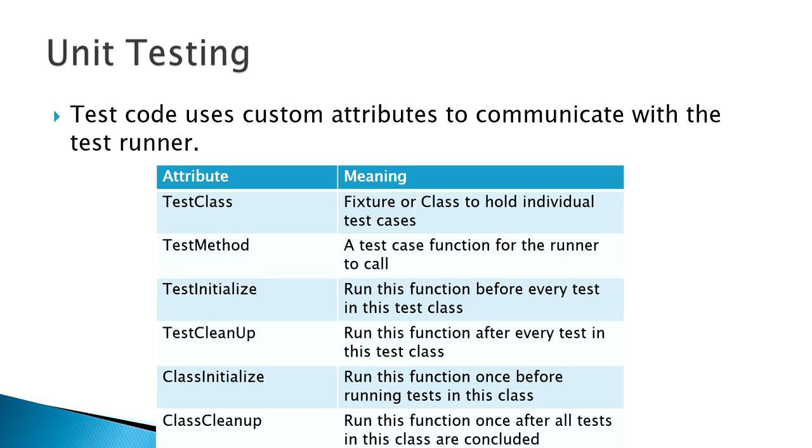We decorate that with test method. Optionally, there will be an initialize and a cleanup for each class or for each method, and then class initialize and cleanup, right? In a larger, more complex system, you'll get into using all of these as well, especially if you get to the point where you start to use mock or fake objects, right?